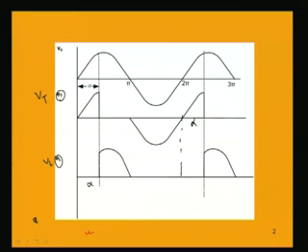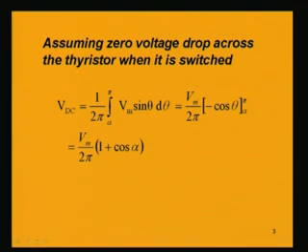within this region only. This is the region where we have an output voltage in between 0 to 2 pi. So, from alpha to pi, we have an output voltage. So the integration in the expression from alpha to pi will be Vm sin theta, because the output waveform is exactly following the input waveform Vm sin theta.